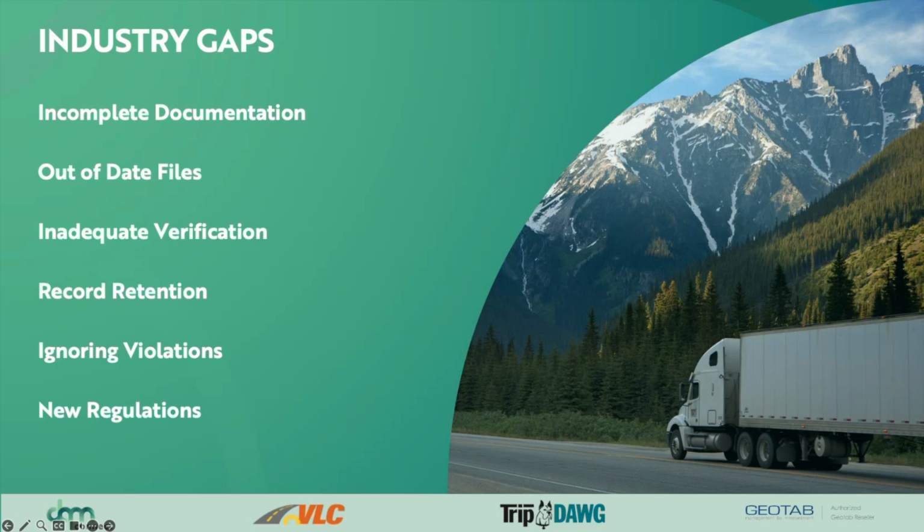Inadequate verification. So every document that goes into a driver file must be reviewed by safety admin of some sort. From application to medical variance document, it must be reviewed for completion and accuracy. On top of that, there are some documents that must undergo an additional check for compliance that some companies do not complete.